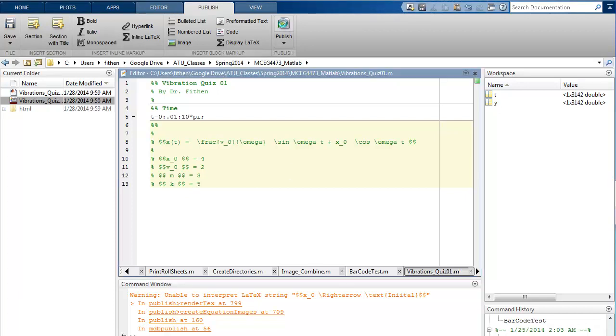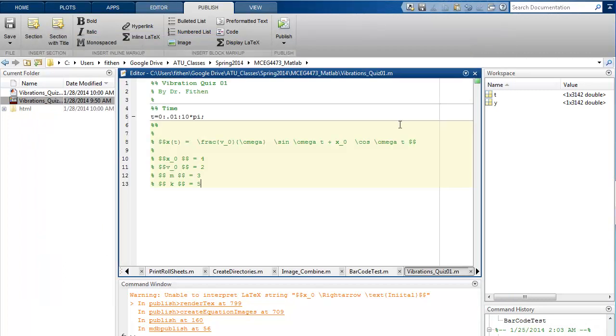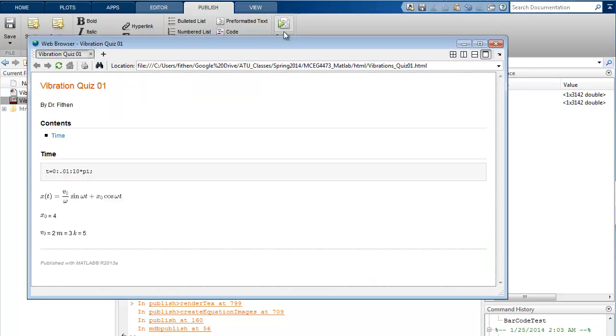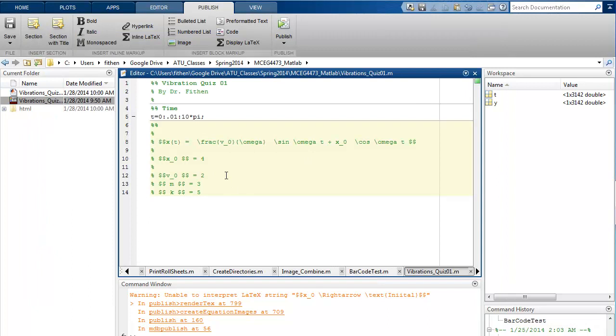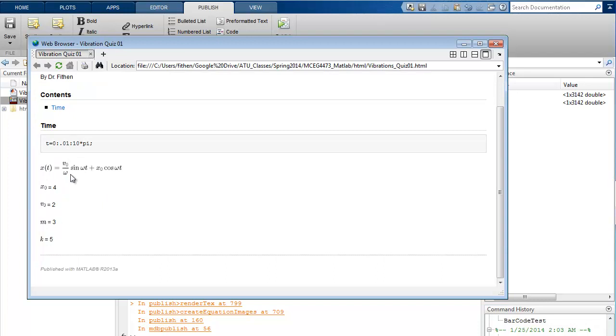Publish that. Take a look at it. Oh, it looks like I should be putting those on the next line. Let's try this, putting a space between each one of those, otherwise it looks a little strange. Publish that. And you can see I'm basically wanting to imply this equation.